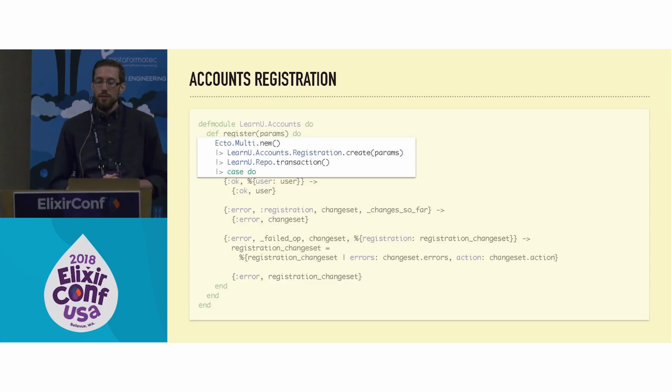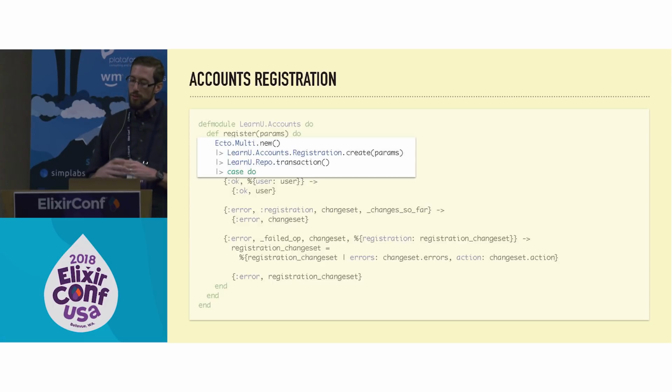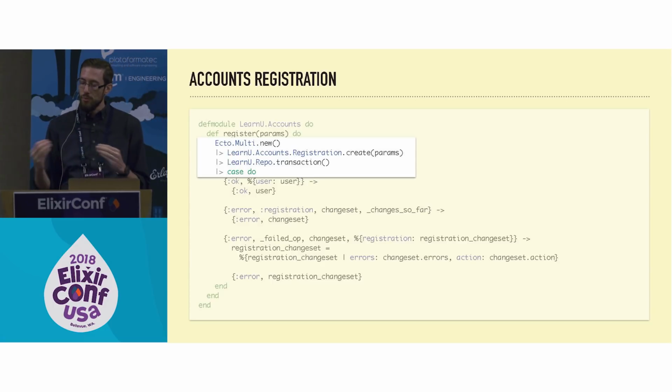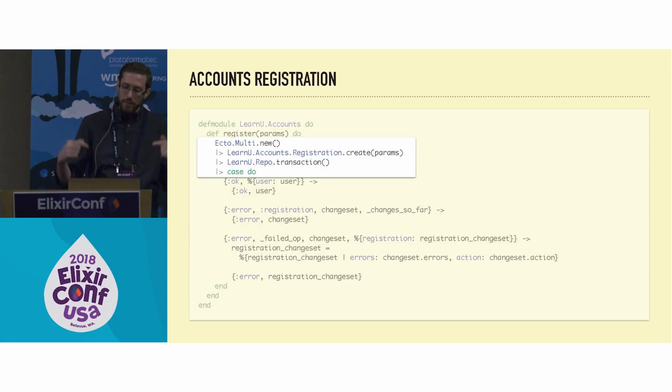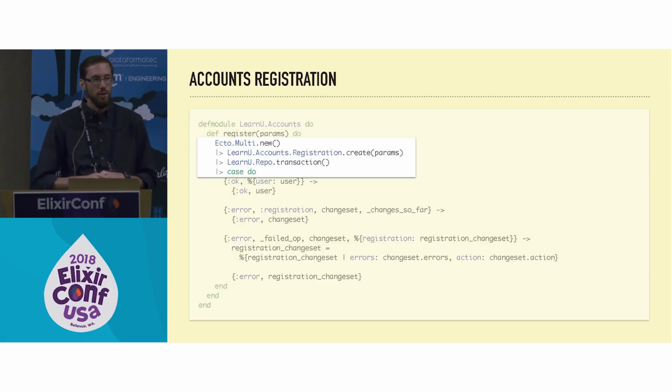The call to Ecto.Multi.new here gives us a fresh Ecto.Multi struct to pass into that create function along with the params from the user. The create function returns an Ecto.Multi struct with the steps that need to be executed within a database transaction, which, if you remember, were validate, insert user, and insert credential. Since this is all that needs executing for the Ecto.Multi within here, the next line then wraps and executes the steps in a database transaction on the repository.